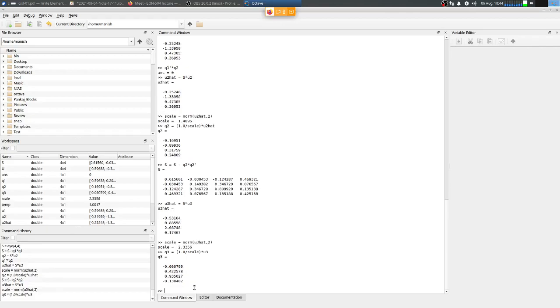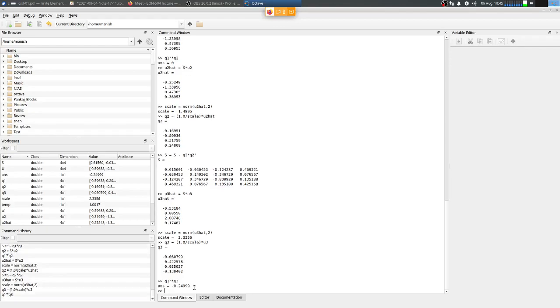So now if you wish, you can compute Q1 transpose Q3. Aha. Sir, you missed U3 hat. Where did I miss scaling? Sir, Q3 equals 1 over scale into U3 hat.